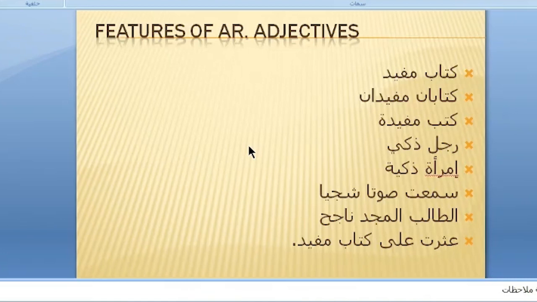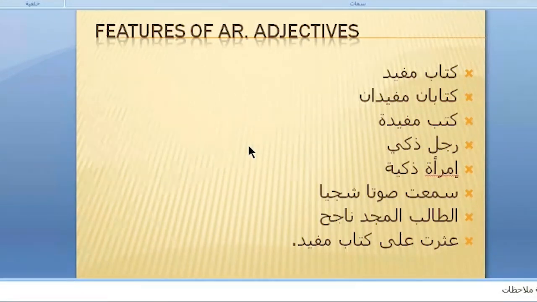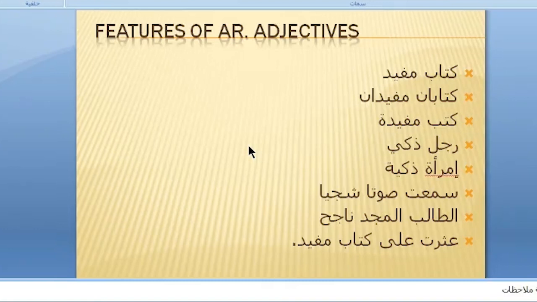But when I say kitaban mufidan, the adjective is mufidan, and as far as its number is concerned, it is in the dual, يعني مثنى, dual. Kutubun mufidatun, we also have the adjective mufida, but it ends in feminine ta, ليتاء التأنيث.